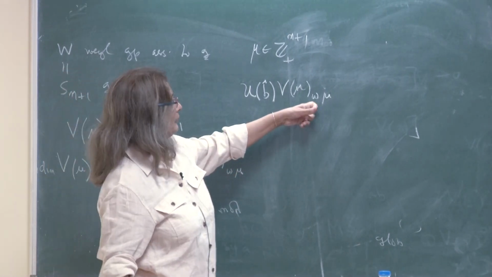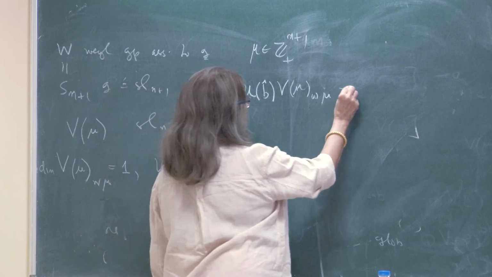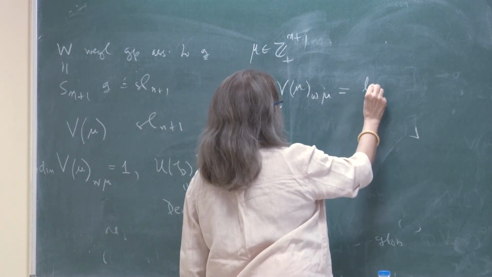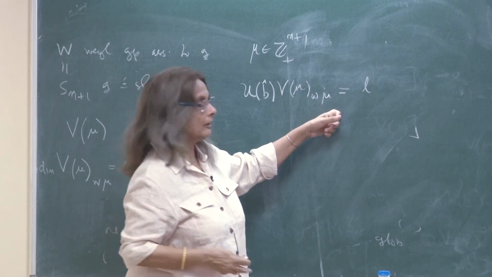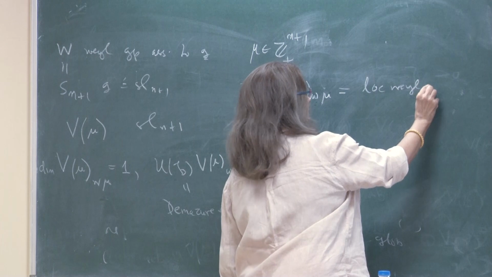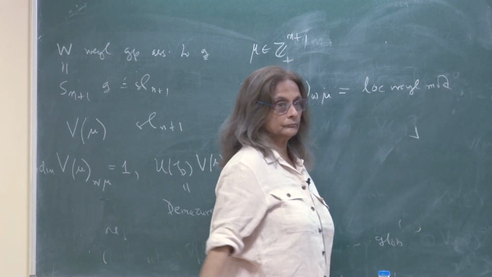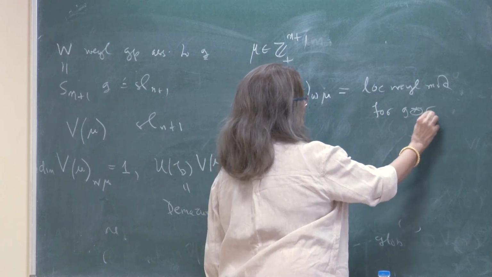And if you choose W carefully and mu carefully, maybe mu of level, then you get the local Weyl module for GT.